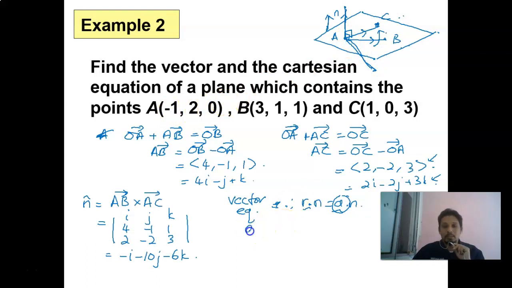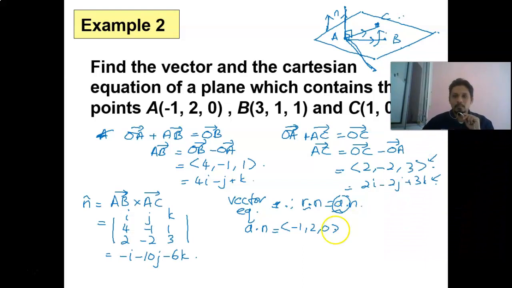So then a dot n equal to the dot product of negative 1, 2, 0 with n, which is negative 1, negative 10, negative 6.